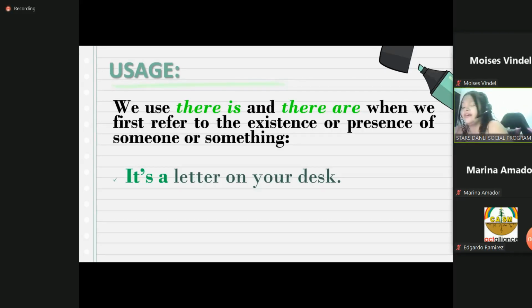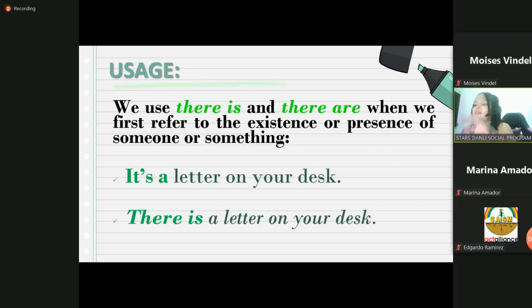Queremos hablar de la existencia, ¿okay? De algo o alguien. Ahora, si en ese contexto dijéramos it's a letter on your desk, the correct form or the right form to express this idea is there is a letter on your desk.